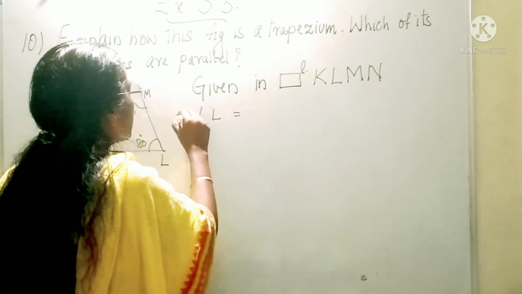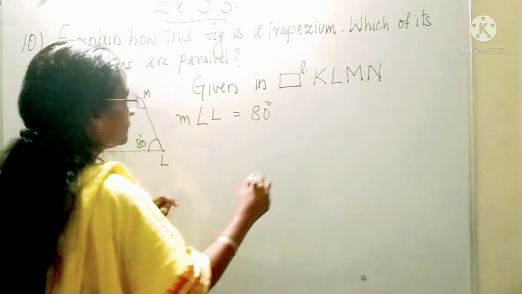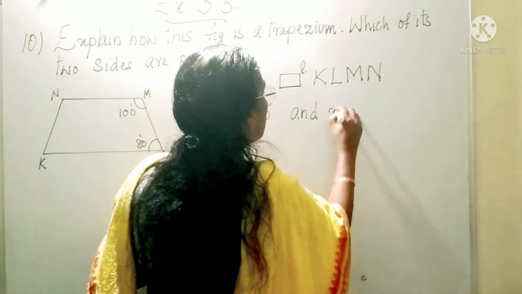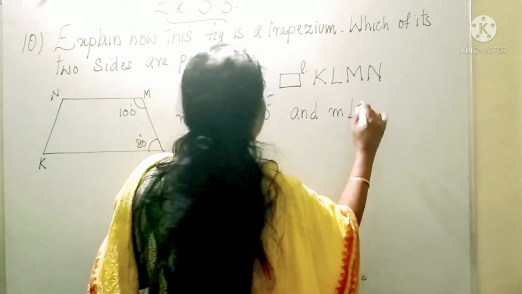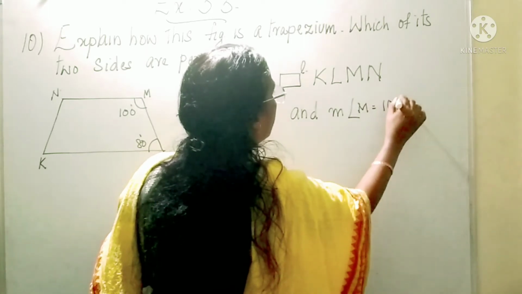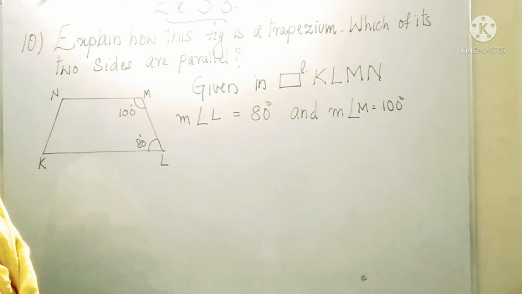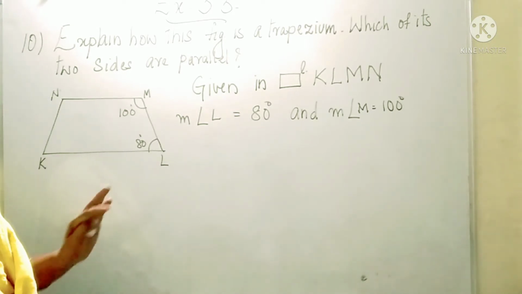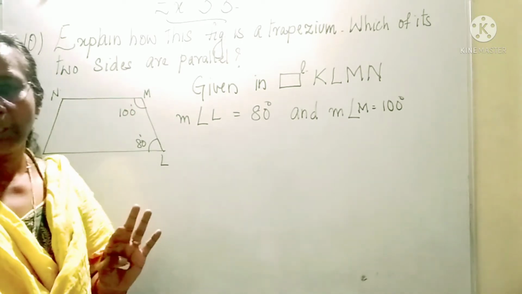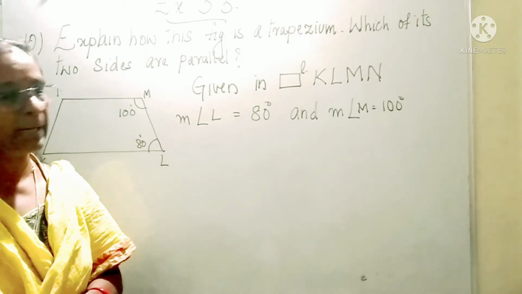measure of angle L is equal to 80 degrees, and what else is given? Measure of angle M is equal to 100 degrees. These two angles are given. Now we have to prove that two opposite sides are parallel.